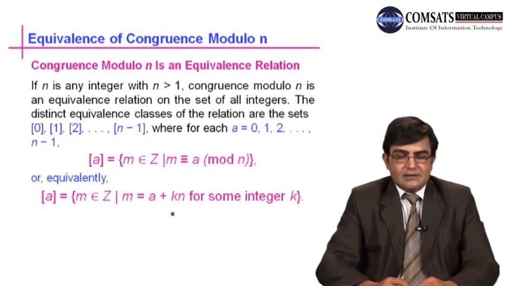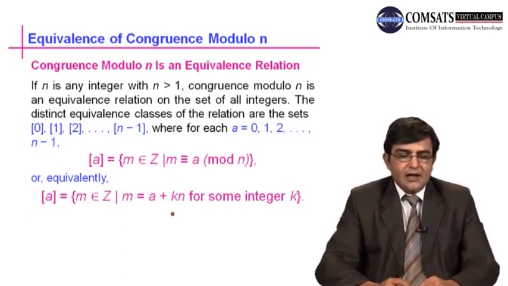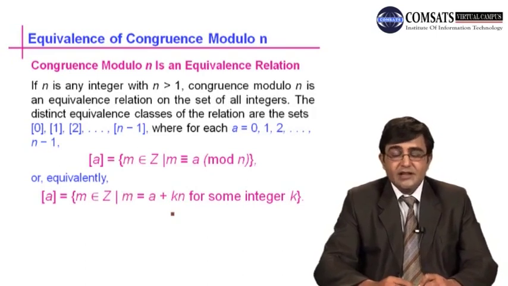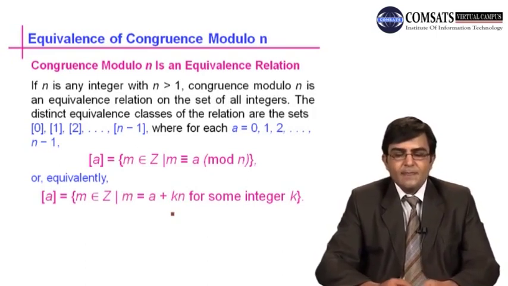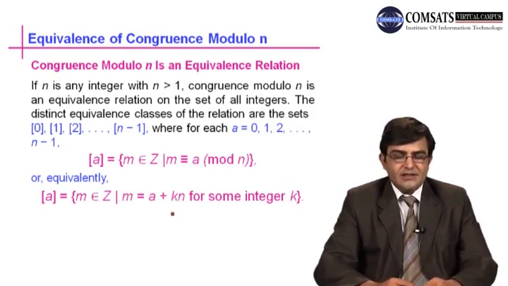Congruence modulo n is an equivalence relation, and we can show it easily, where n is any integer greater than or equal to 1. Congruence modulo n is an equivalence relation on the set of all integers.